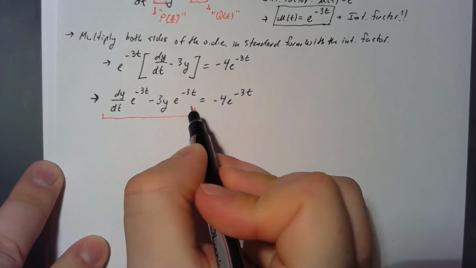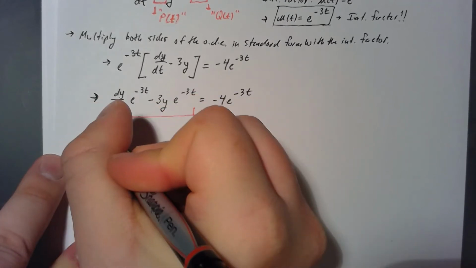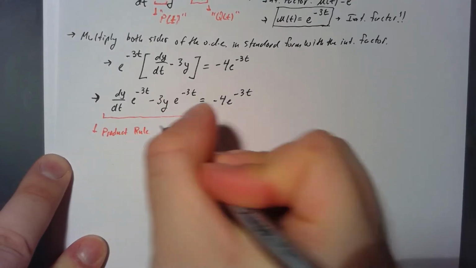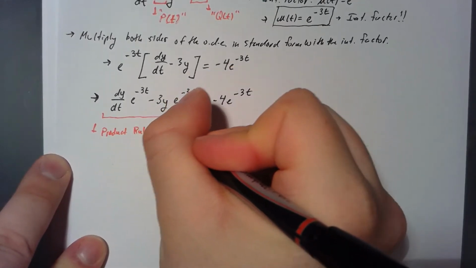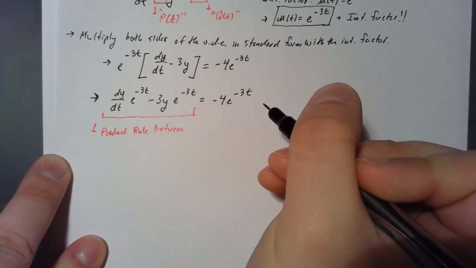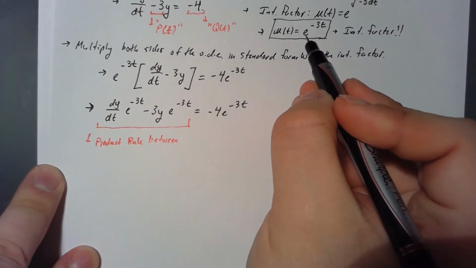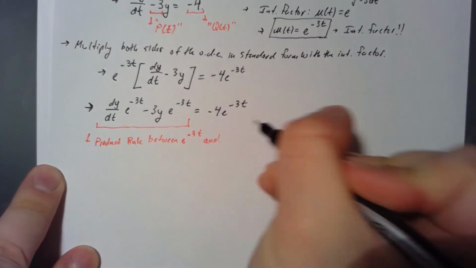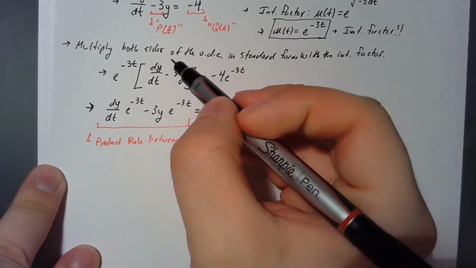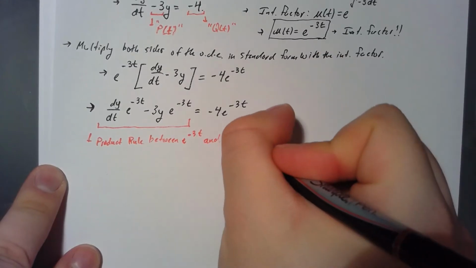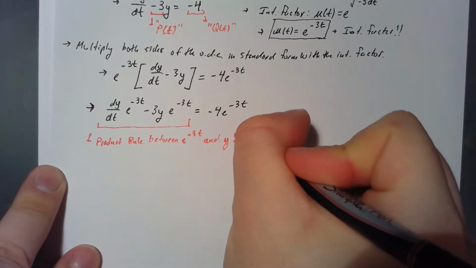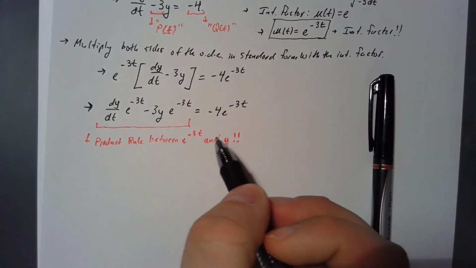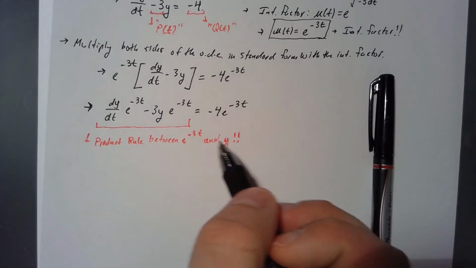this right here is the product rule between the integrating factor, which is e to the negative 3t, and the dependent variable, which is y. If you're not convinced of that, go through the product rule: high d low plus low d high.